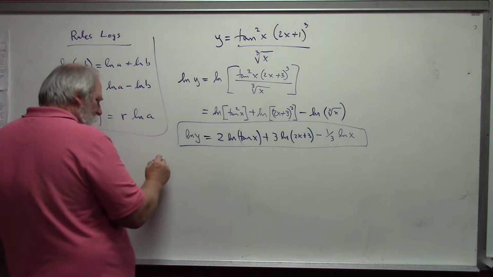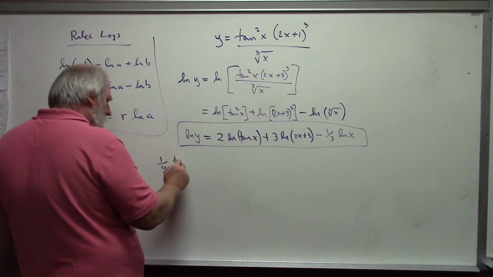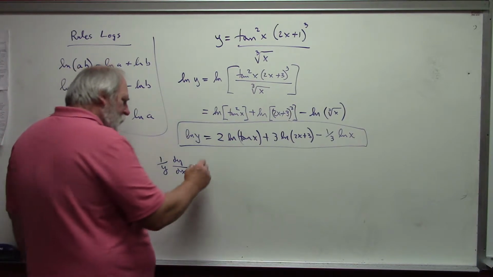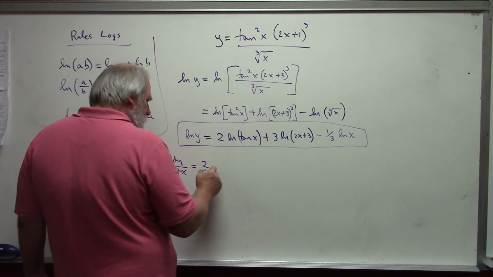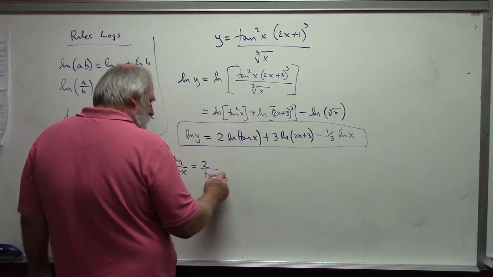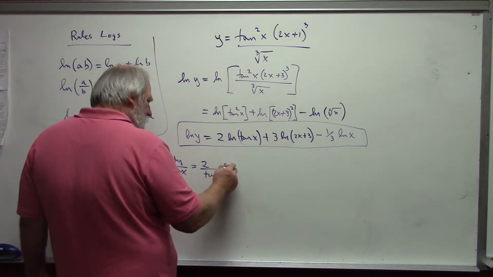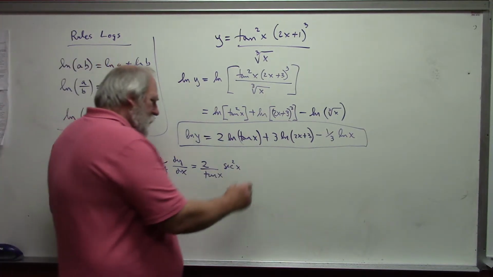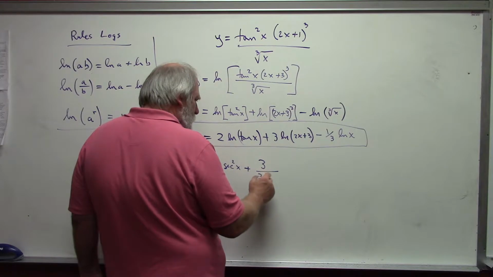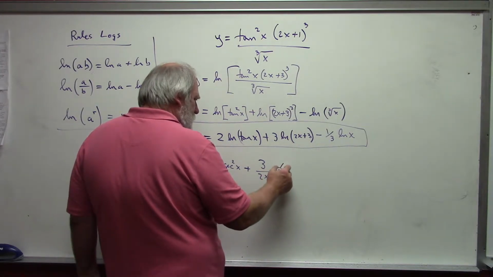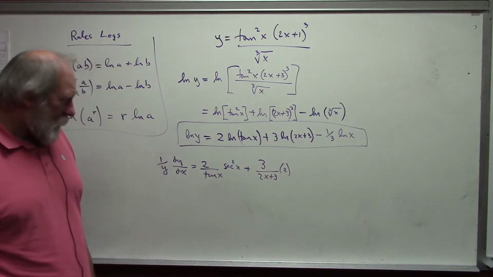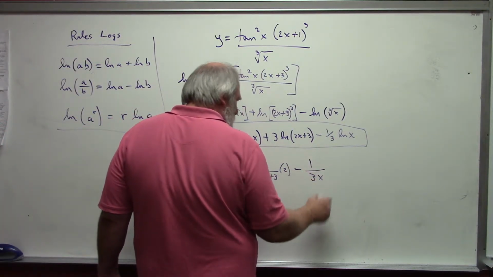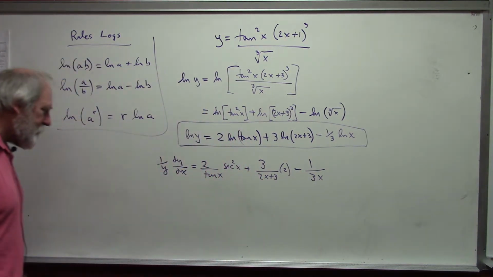So, 1 over y times dy/dx is equal to 2 over tangent of x times secant squared of x, the derivative of natural log of tangent of x, plus 3 over 2x plus 3 times 2. I'm using the chain rule on all of these, except for the last one, minus 1 over 3x, 1/3 times 1 over x.